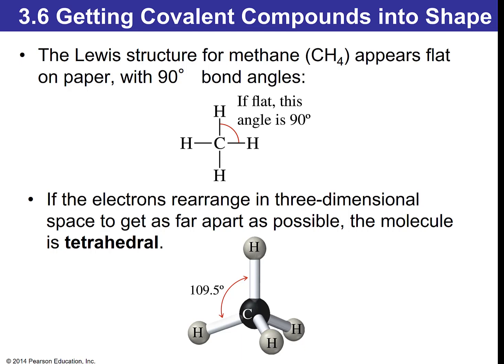Can you see it would be 1, 2, 3, and the bottom would be 4? So 4 sides, and 4 points where each of the hydrogens are. This is where the name comes from, because tetra means 4. So the tetrahedral is this 4-pointed structure that a carbon with 4 single bonds will always make.